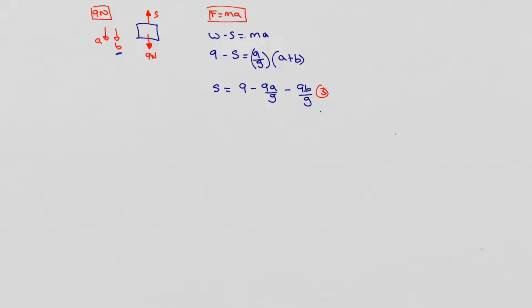Okay, now straight away I can already see that I can get equation 2 and 3, and I can equate them. But I'm going to set up the force diagrams just for the sake of it, to show you what it would look like for the third one, which was the scale pan.